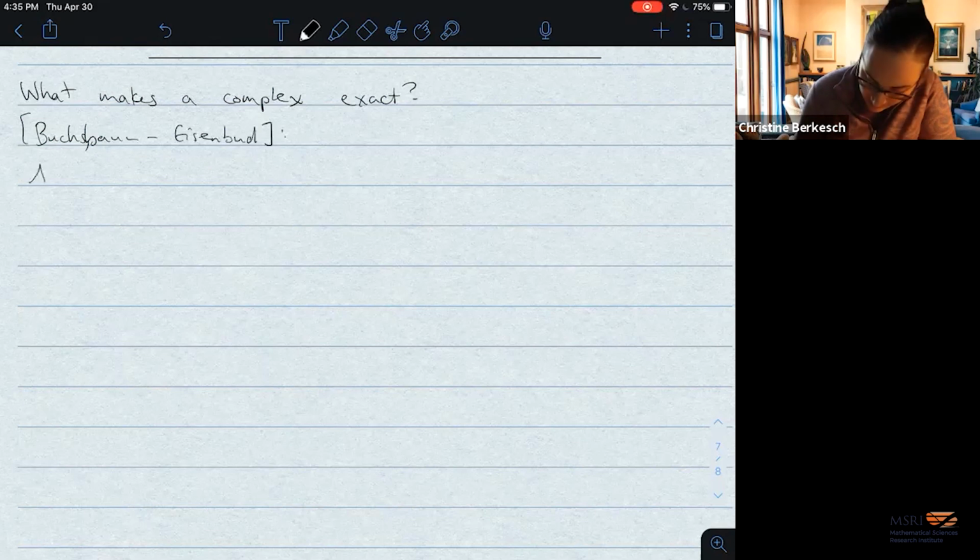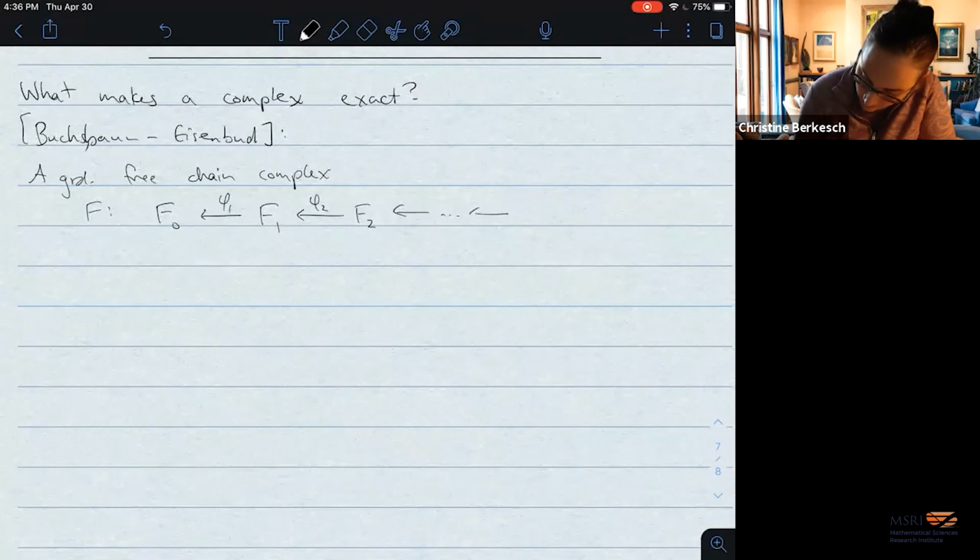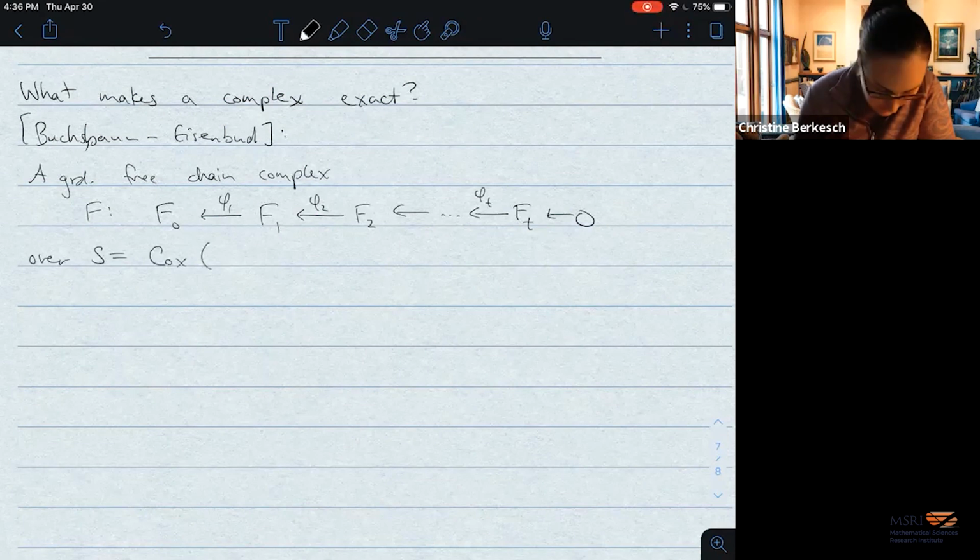So when we have a graded free chain complex, let's say it's length t. So in this case, I'm going to think about my m-dimensional projective space here.